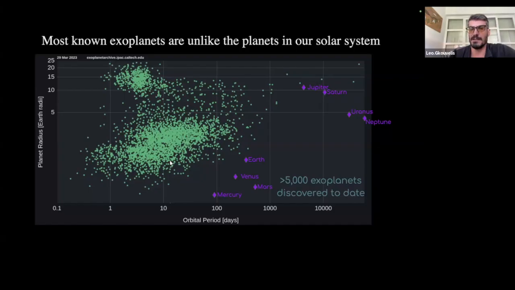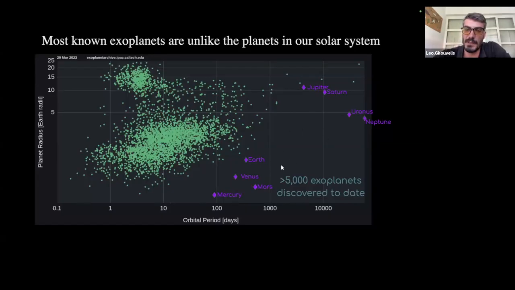And this basically is just because it's much easier to detect them. First, because if they are orbiting closer to the host star, we have much more probability to see a transit, so we can detect them. And the other one is, as they are much closer, they are hotter, so they are brighter, so it's easier to detect.